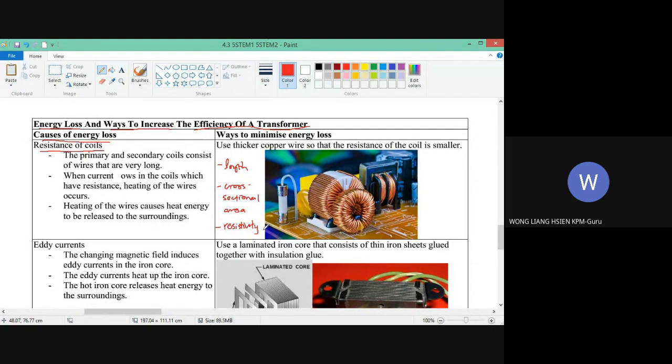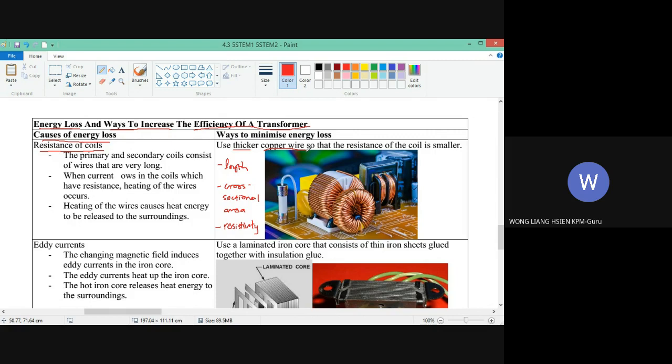So we can say that we use a thicker copper wire. Why do we say use thicker? Thicker here means bigger cross-sectional area. If the cross-sectional area of the wire is bigger, then the resistance will be lower. And then it says copper wire. Why? Because copper has low resistivity. So you see here, it doesn't say use thicker copper wire with shorter length.